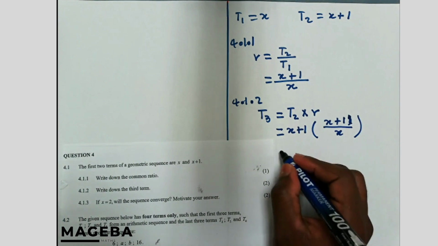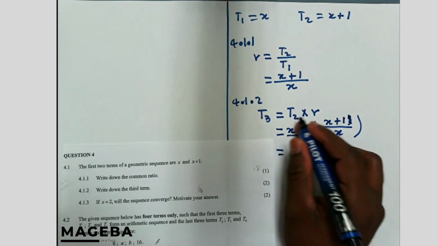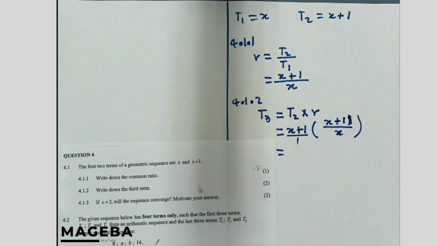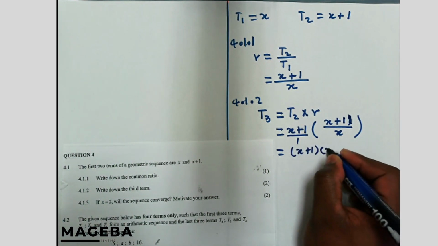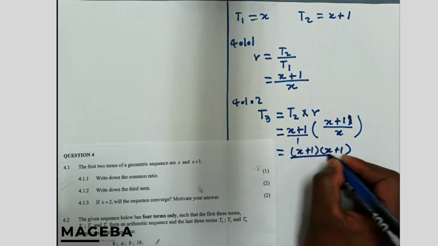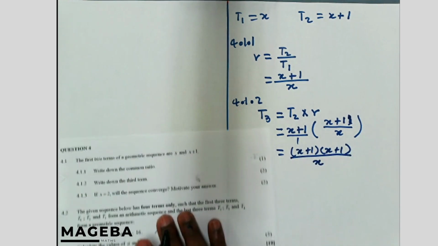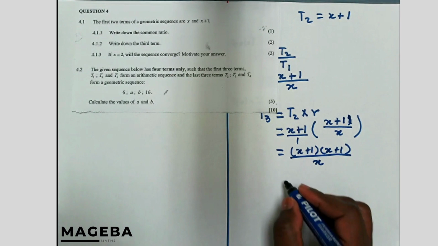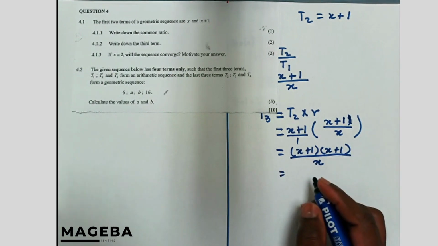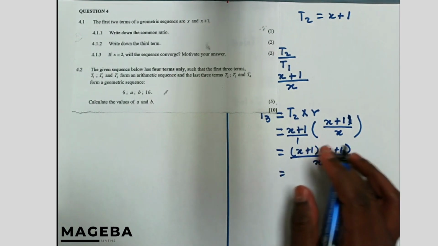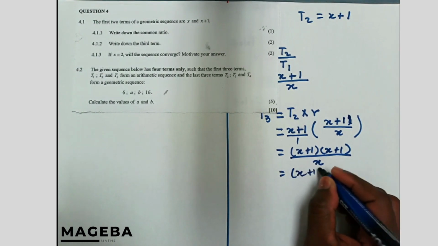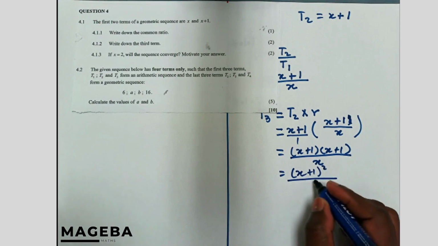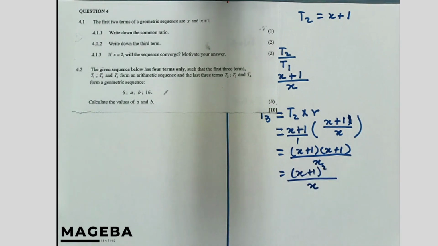From here, this is over 1. Numerator times numerator, denominator times denominator. So it's x plus 1 times x plus 1, all over x. Now we have these two things which are the same, so we can just say x plus 1 squared over x. I hope we understand that one.